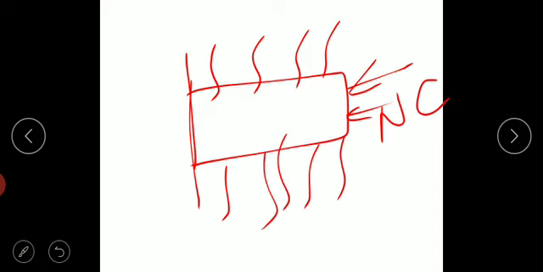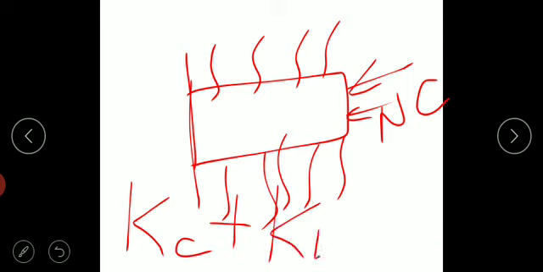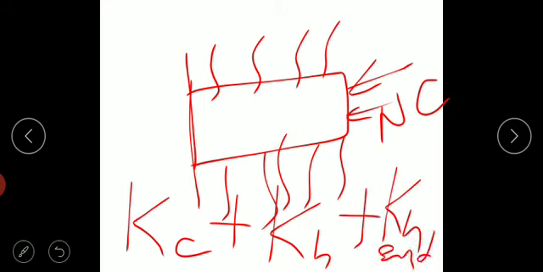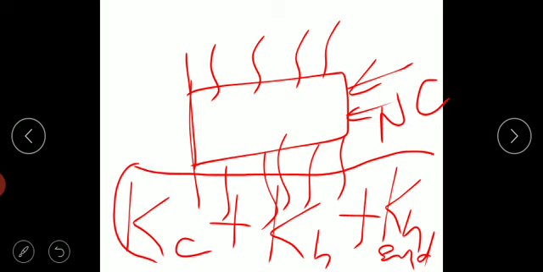One is conduction, convection with perimeter, plus convection with free end. So in the next classes we shall discuss these three.